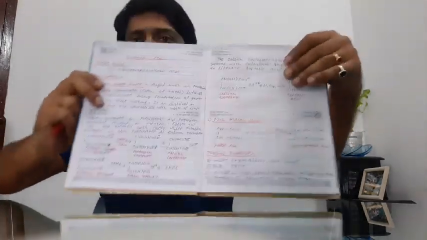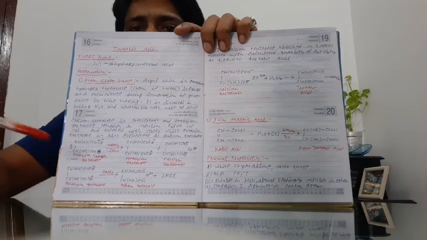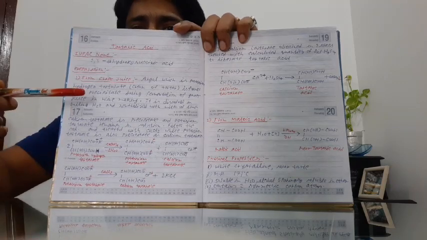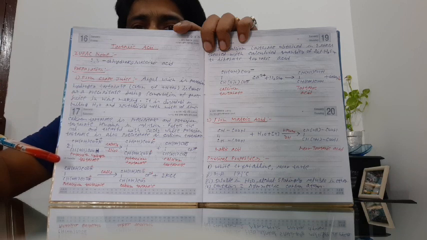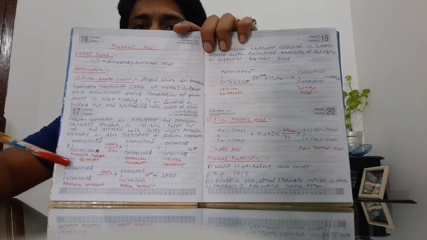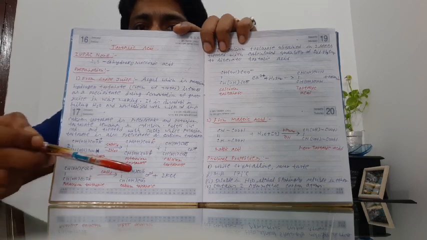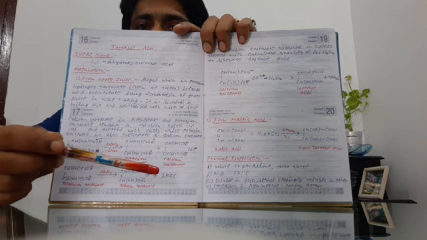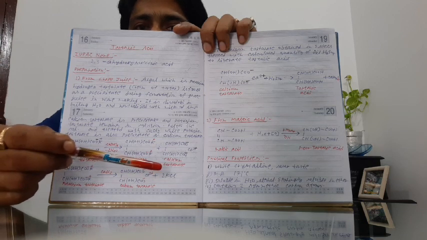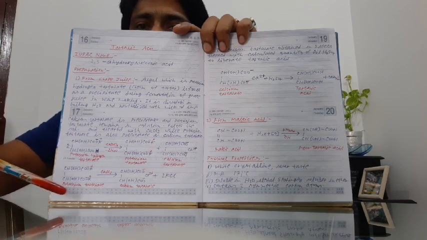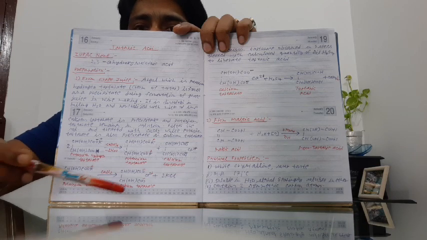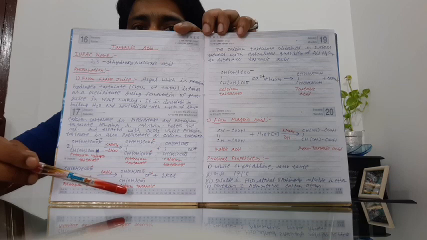Now you can see here the two-step reactions of preparation of tartaric acid from grape juice. In the first step, calcium tartrate is precipitated and potassium tartrate remains in the solution. In the second step, potassium tartrate reacts with calcium chloride and is precipitated again as calcium tartrate.